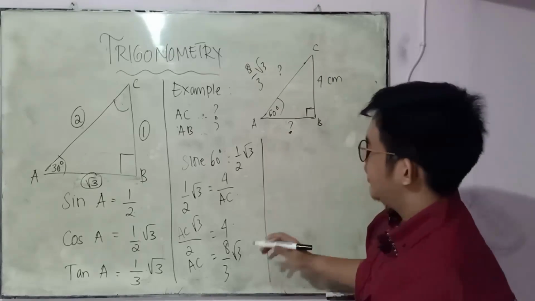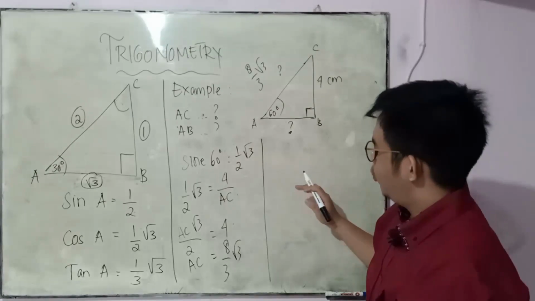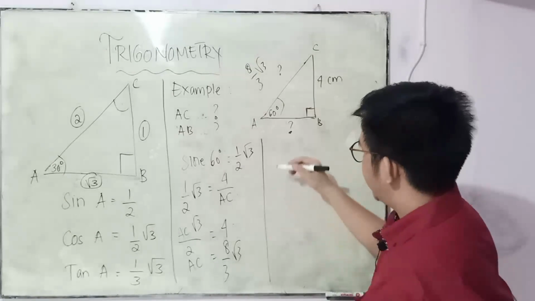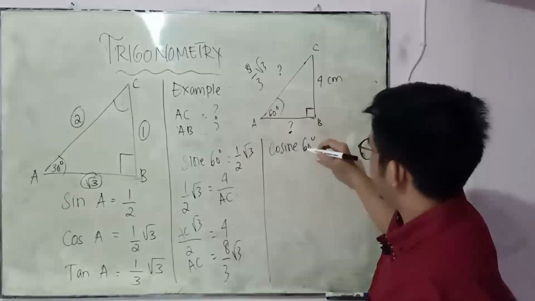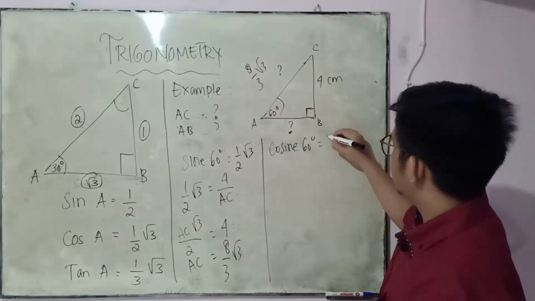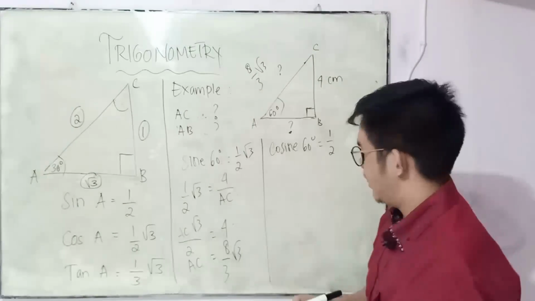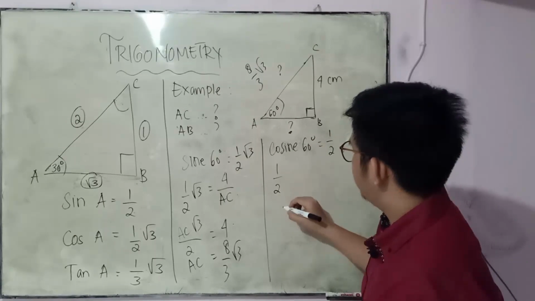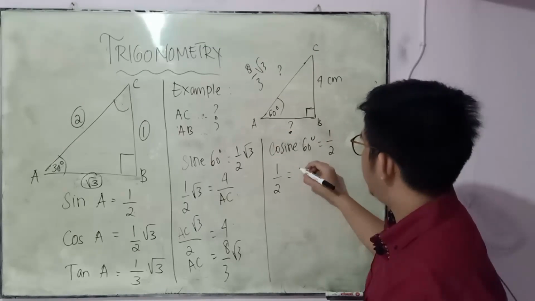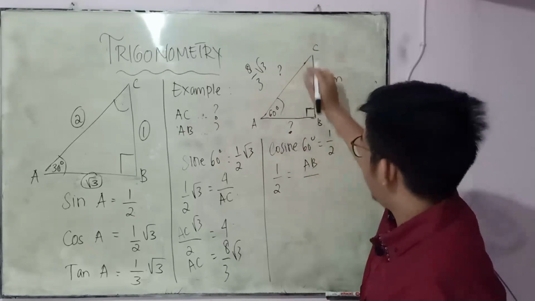Next one, we are going to find the AB. We can use the cosine. Cosine 60 equals a half. Then we can do the comparison here: 1/2 equals AB over AC.